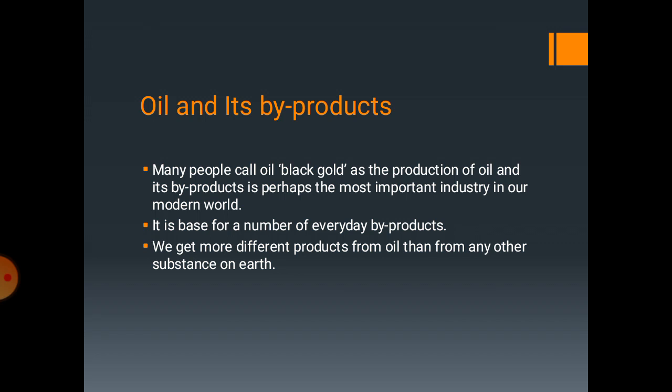So let's discuss what oil and its byproducts are. As you know, oil is a very important raw material and it is the main source of energy. So many people call it black gold, as the production of oil and its byproducts is the most important industry in our modern world.